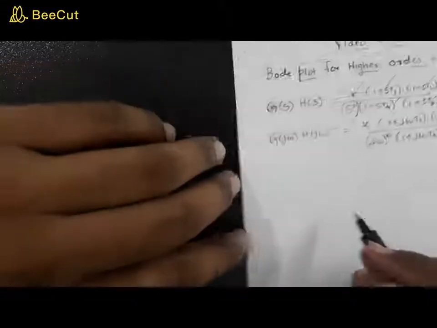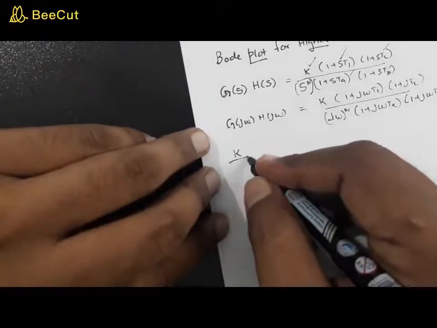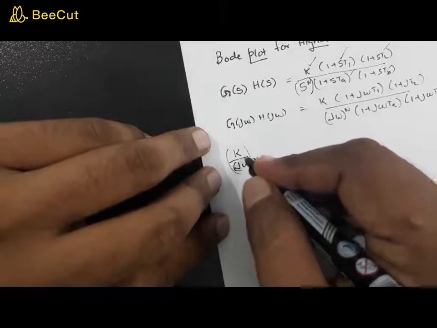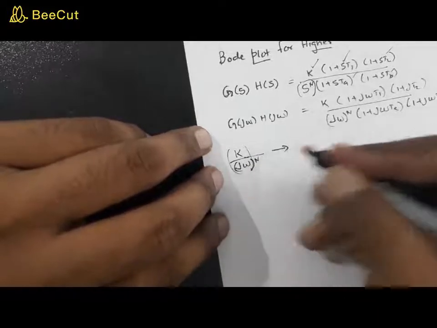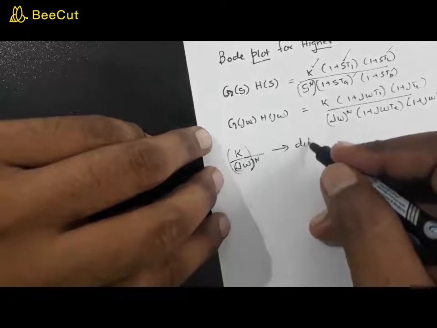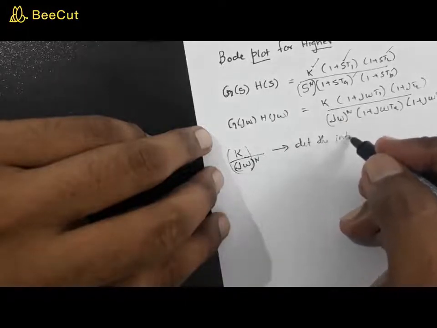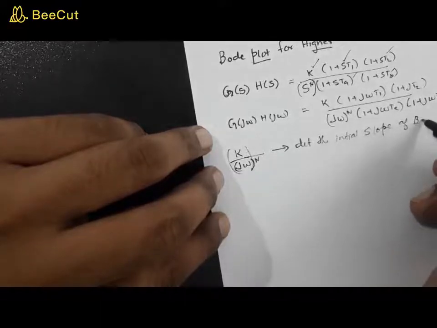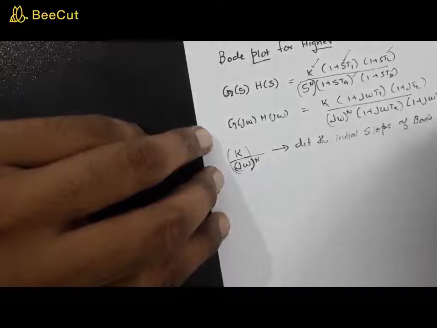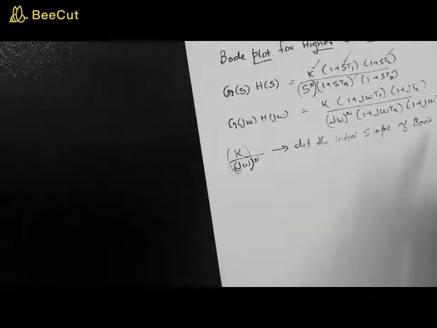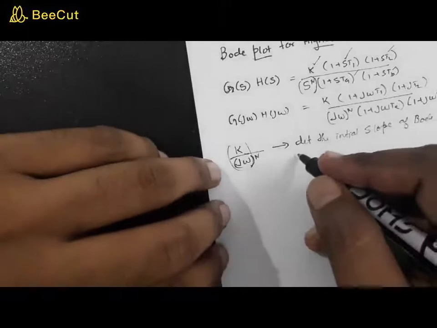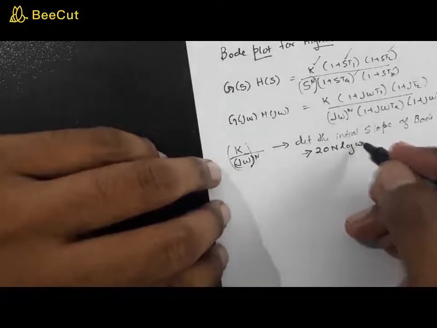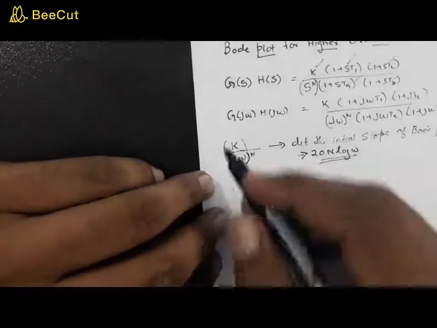Now we have already seen that this K by (j omega) raised to n determines the initial slope of the Bode plot. And the slope, we have studied, to be 20n logarithm of omega. This is actually the slope of this particular line.